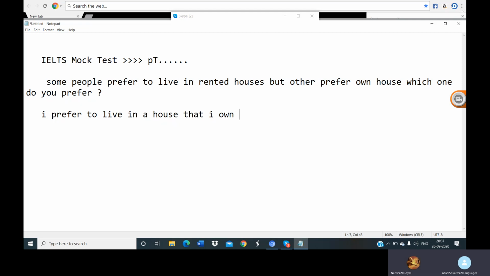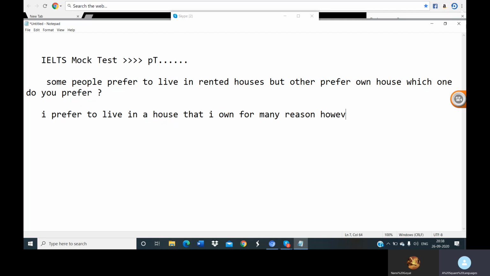No, you have to start like this: I prefer to live in a house that I own for many reasons. This is what we call corporate English. Is that clear to you?